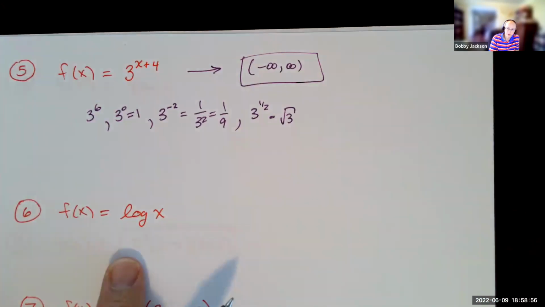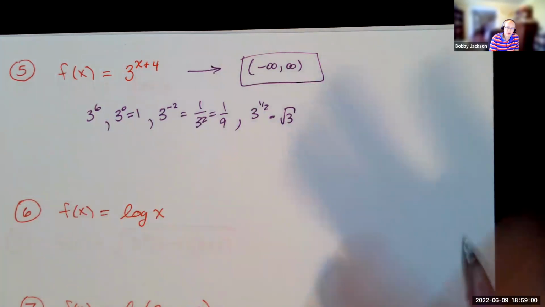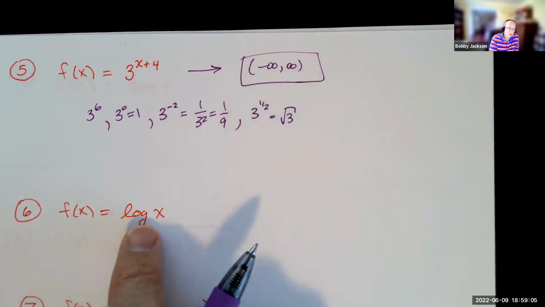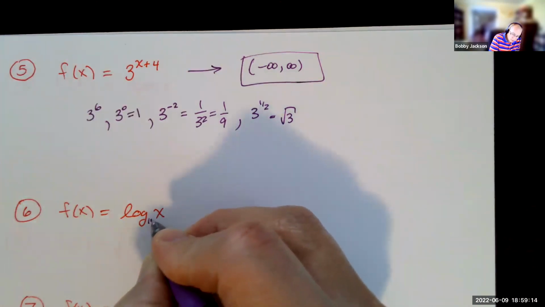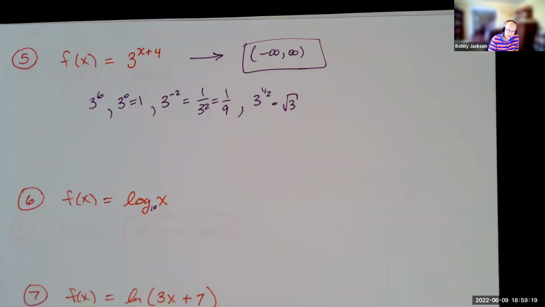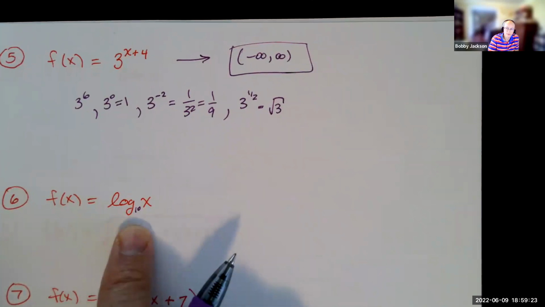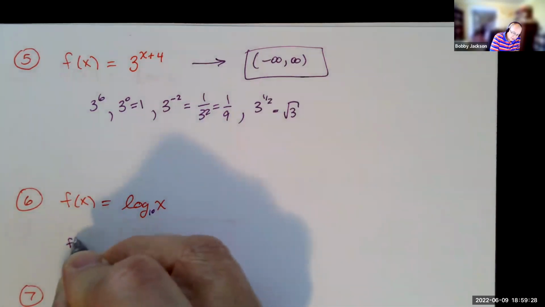Now, what's the difference with the logarithmic function? Remember the inverse relationship between exponential and log functions. What is a logarithm? It is an exponent. In this case, when I write log x, this is really base 10, so we usually don't write the 10 down there. The implication here is that this function's domain is going to be the same as the range of the corresponding inverse function.